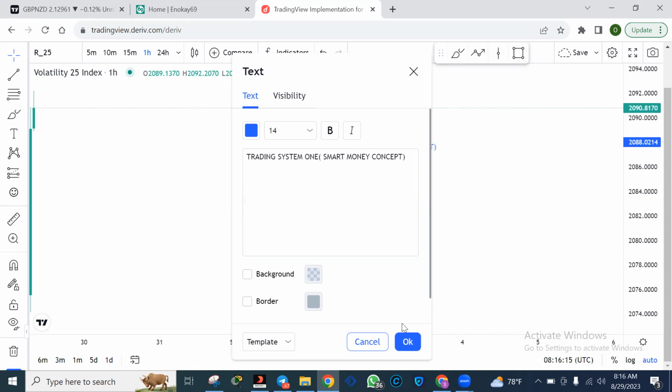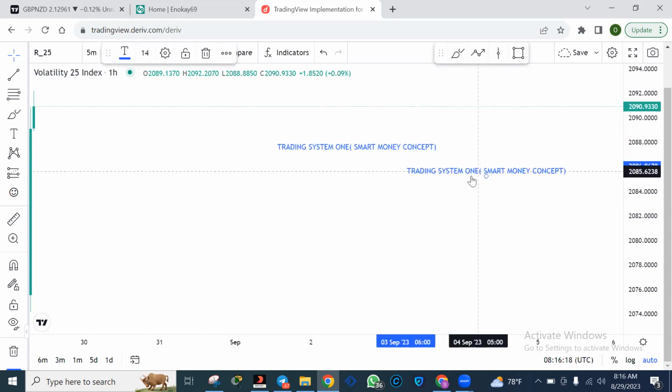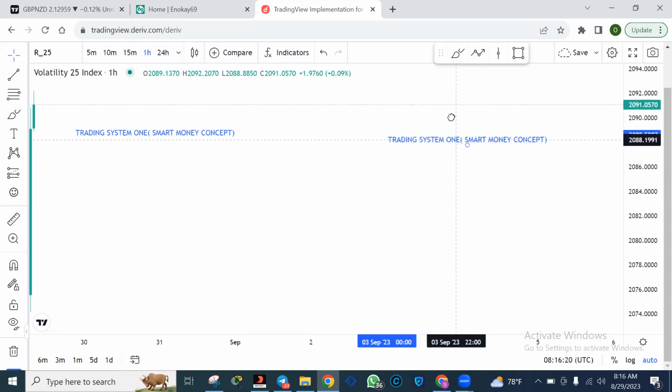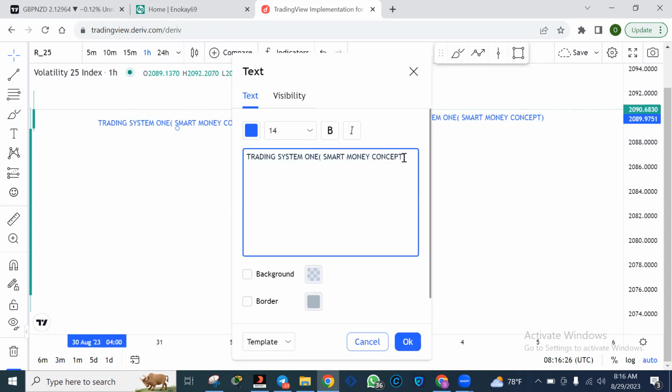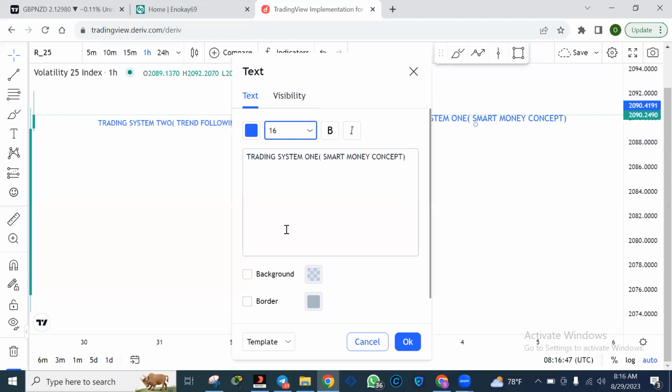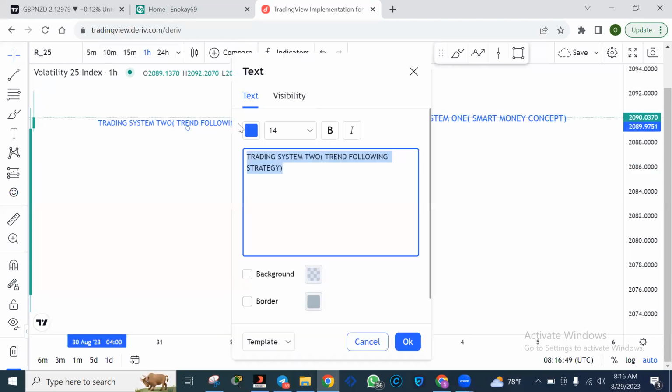And then trading system two, which I'll review today, will be about a trend following strategy. Okay, let me just increase this a little. I'm going to give the rules for both of them.